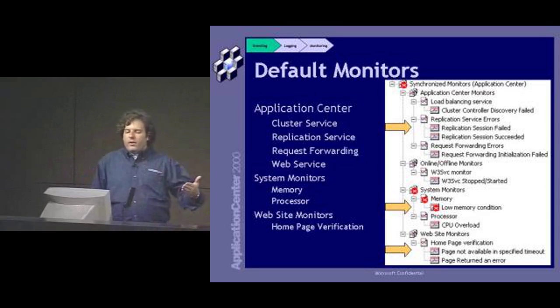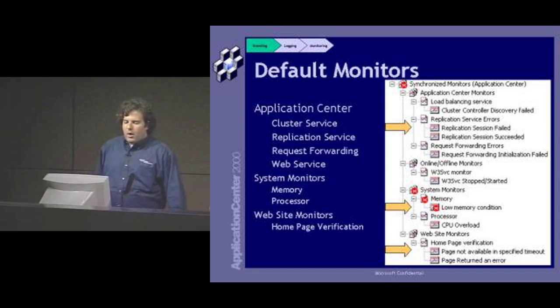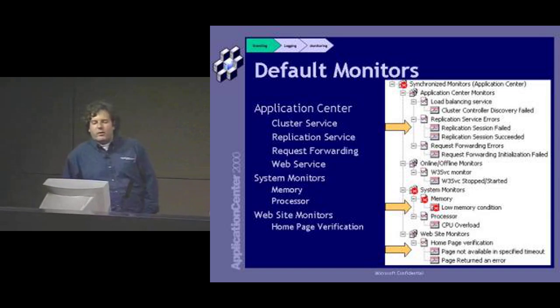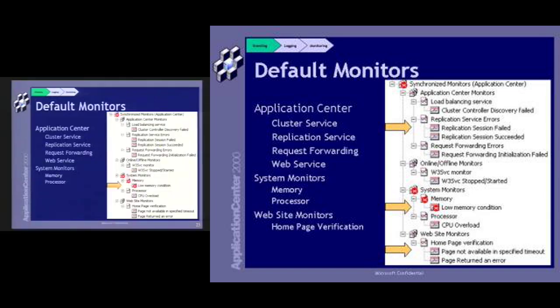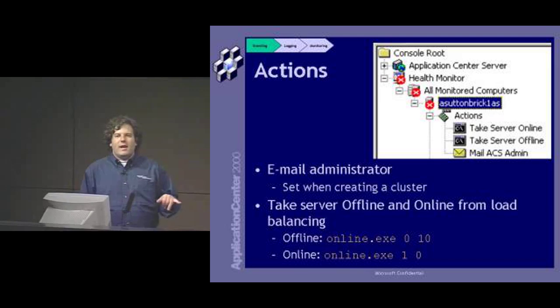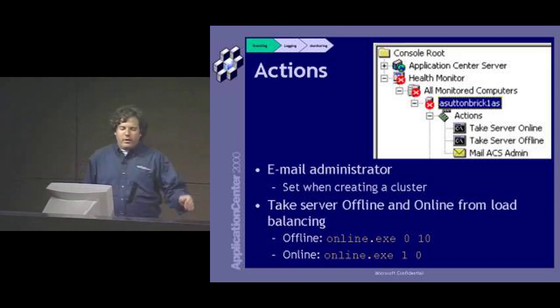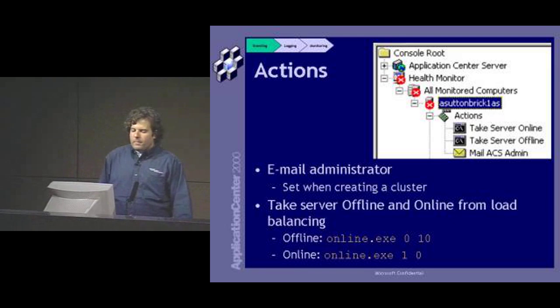If request forwarding fails, and again, if the web service fails. We'll also set up some sample monitors for memory and processor, and a sample HTTP monitor that monitors your home page on the local host. If the page is not available in 60 seconds, it goes critical, and if the status code is not 200, it goes critical.